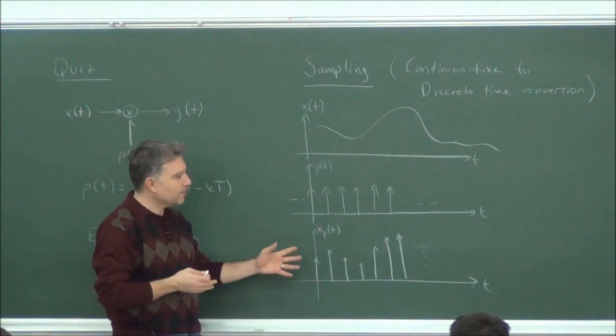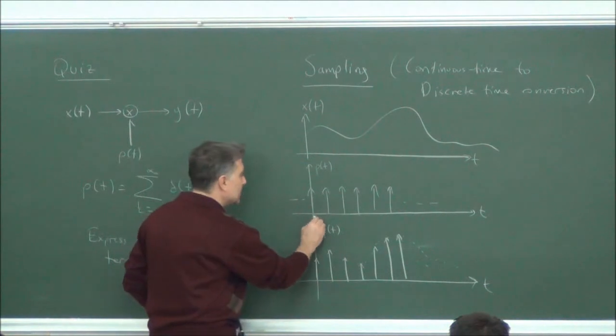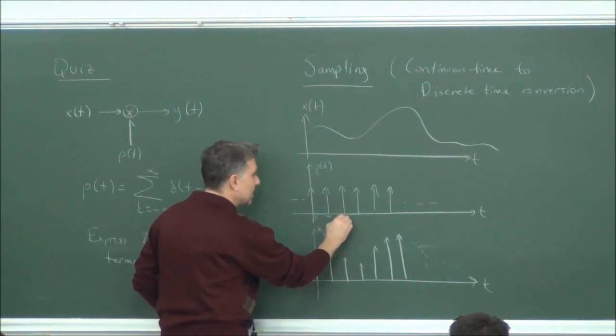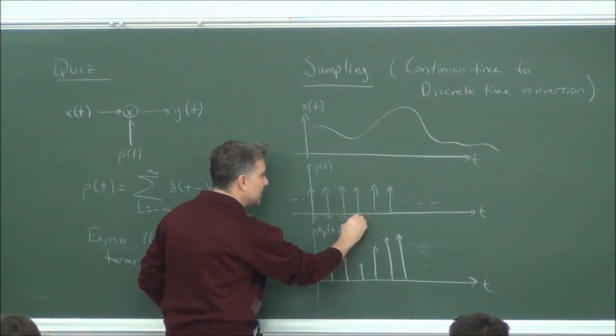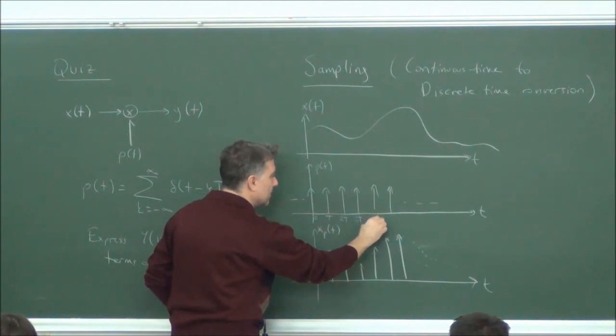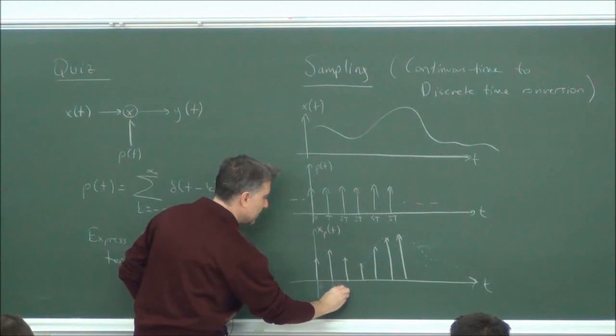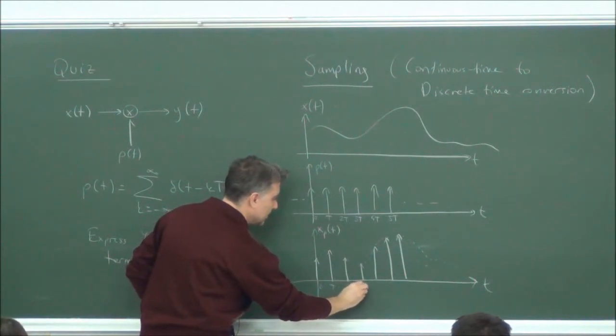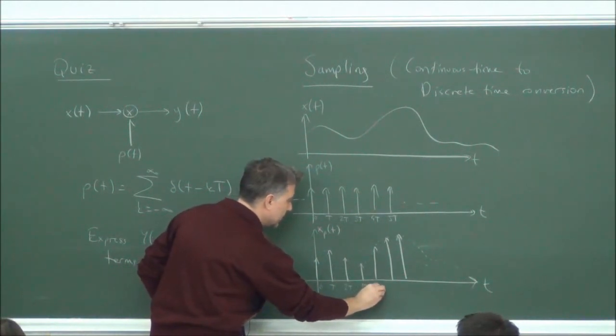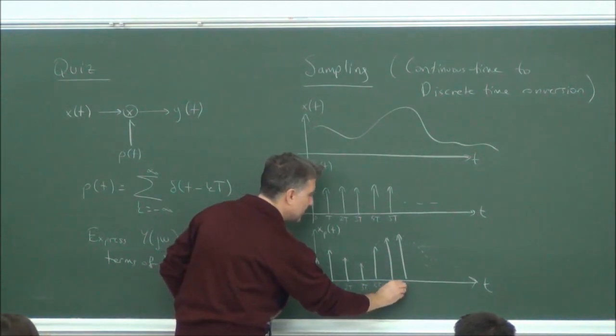The discrete time signal version, since these are separated by the sampling period, the time instances will be similar here: 0, T, 2T, 3T, 4T, 5T, whatever.